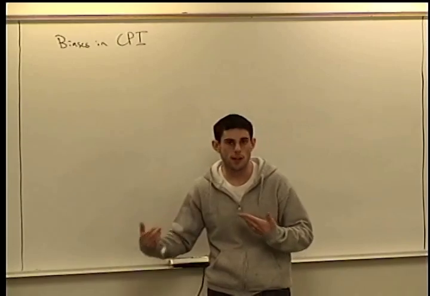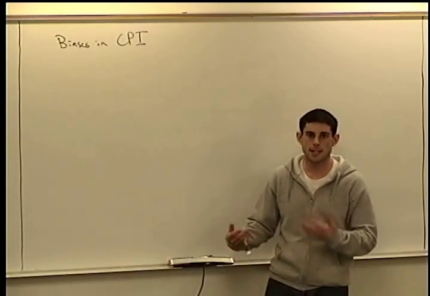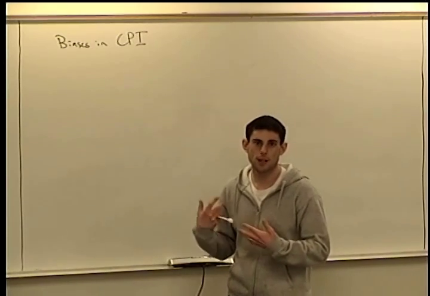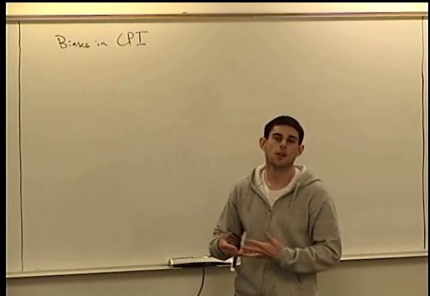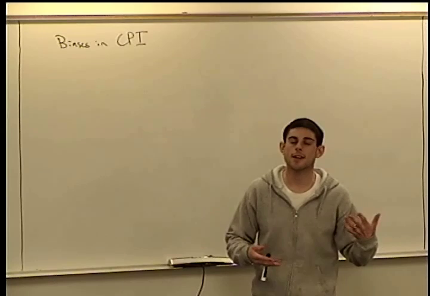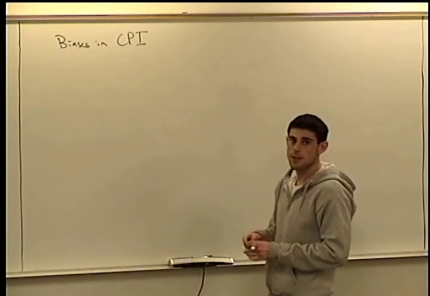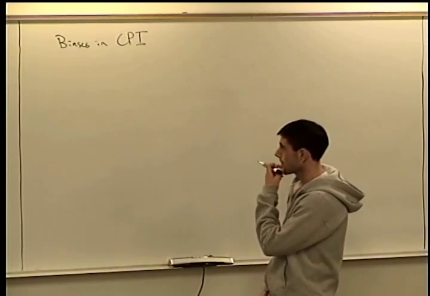So we want some way to translate what it would take today to give me the same level of comfort that I would have had in 1950 with $1 million. And to do that, we use the price level, so we use the CPI.